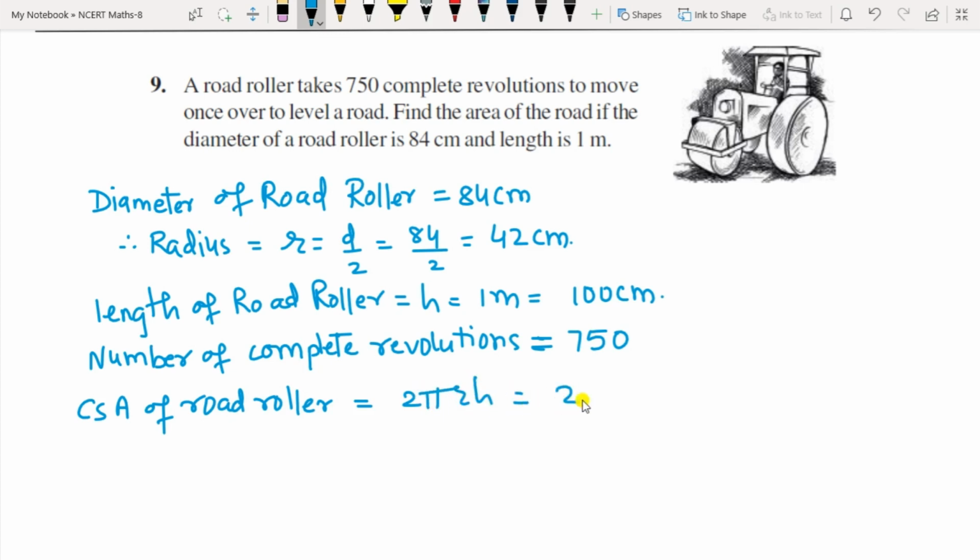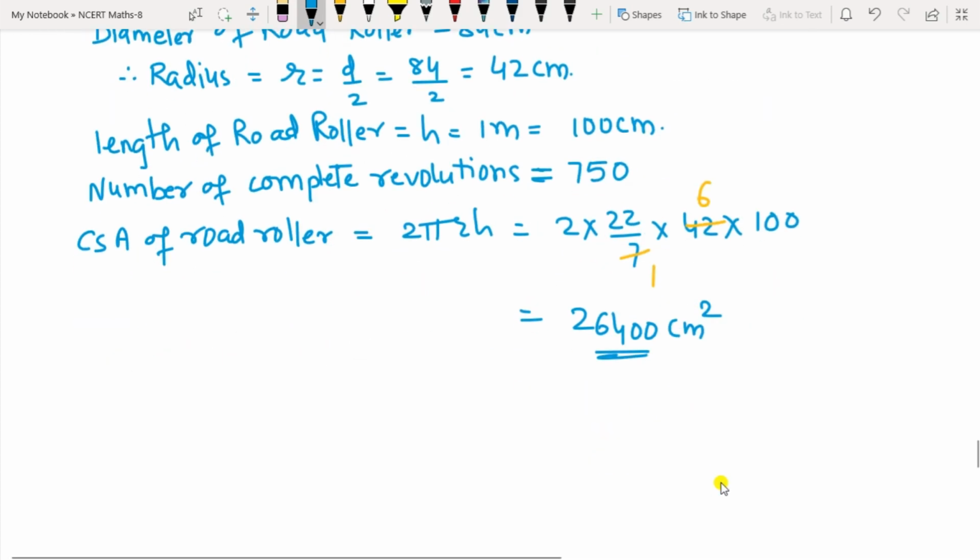That is 2 into 22 by 7 into r is 42 into height is here 100. Here if you do the cancellation, 7 sixes are 42. So the answer will be 26400 centimeter square. Now this is the curved surface area.